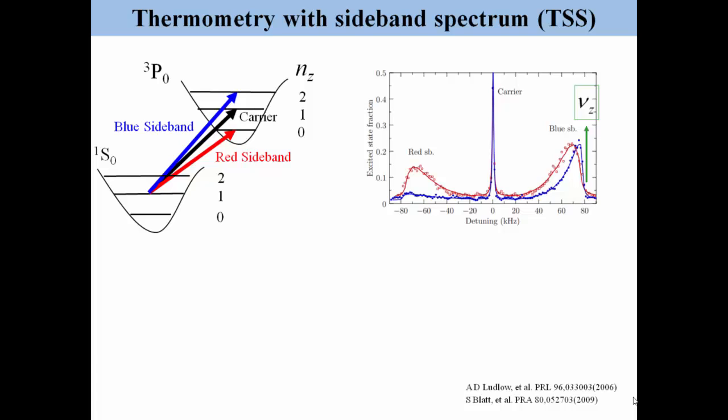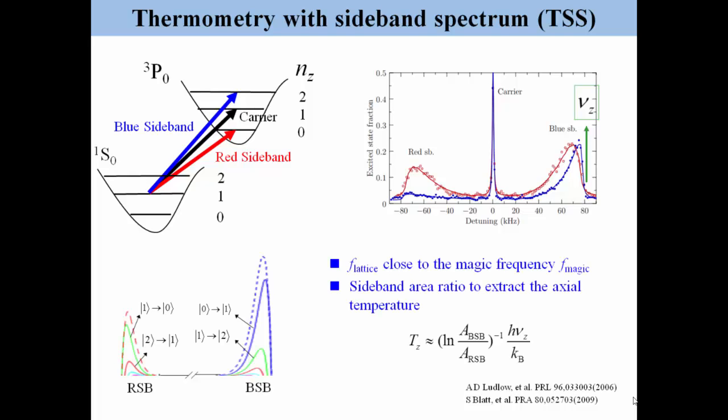Assuming the atom population obeys the Maxwell-Boltzmann distribution, the actual temperature can be obtained from this sideband area ratio. But notice that the lattice frequency is close to the magic frequency.